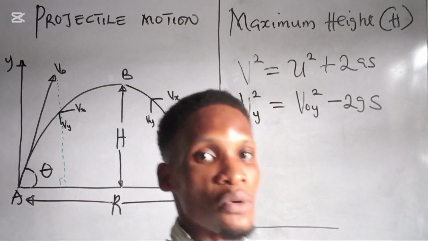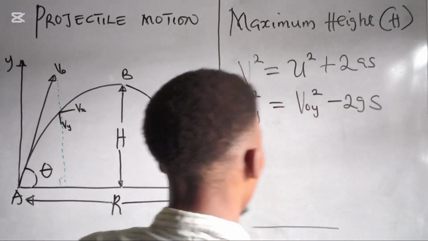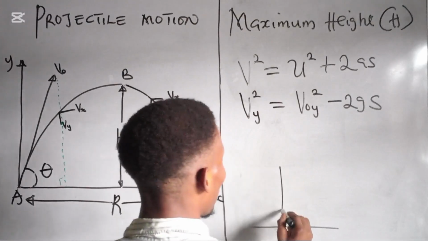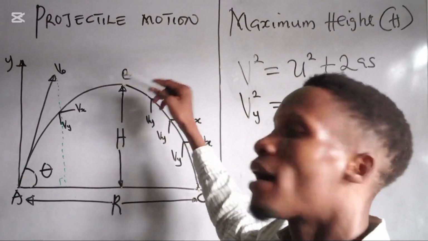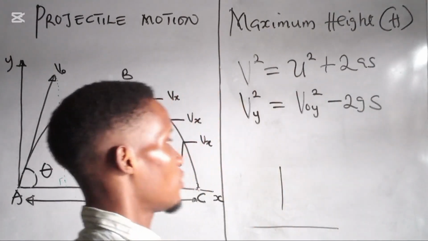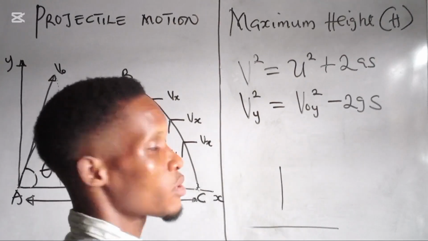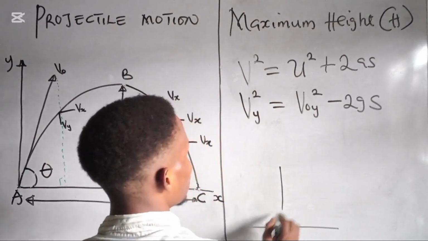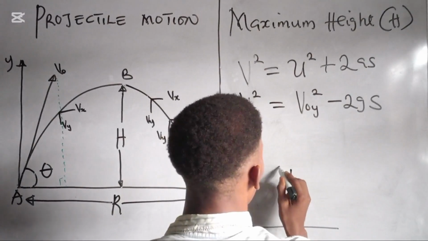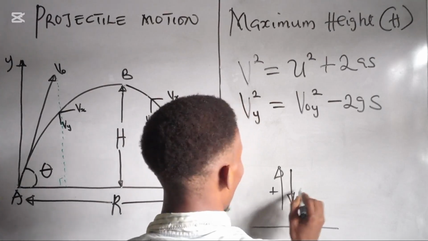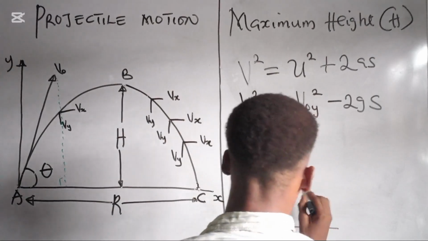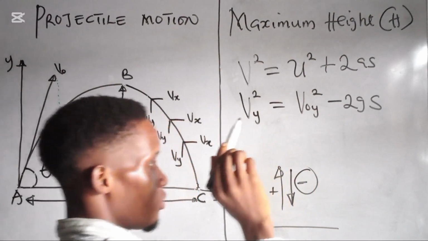But the first one, which was the time of flight, changed to minus because we're dealing with the vertical axis, the time it took to reach a maximum and also come back to the horizontal. So that's why this is going to change, because we have a force being opposed. So this is going to be plus and this is minus.